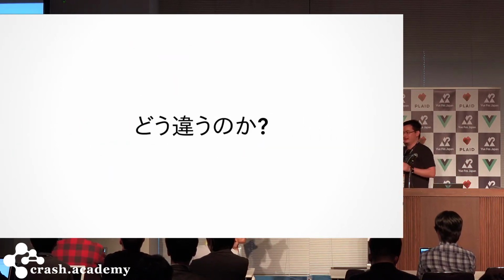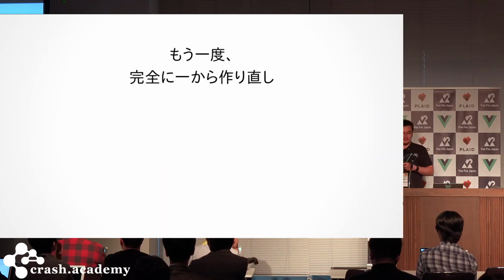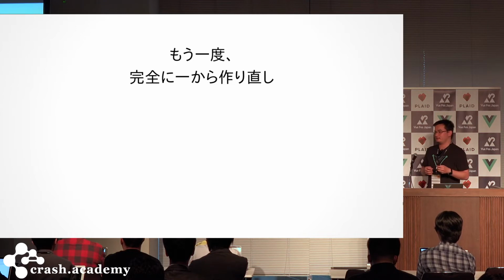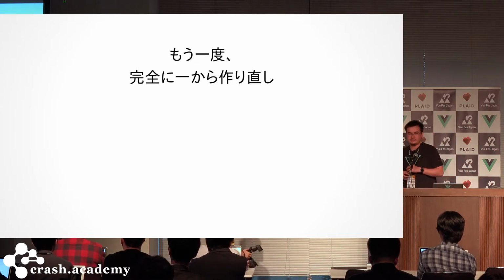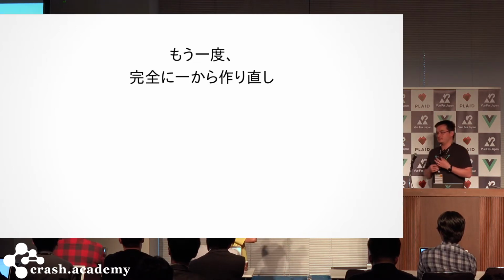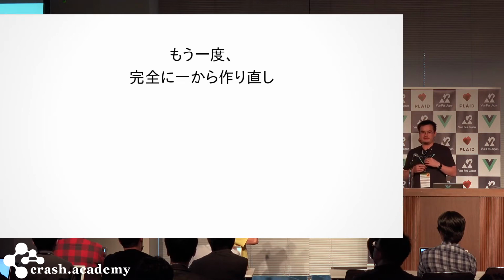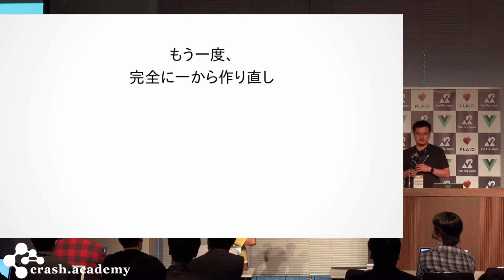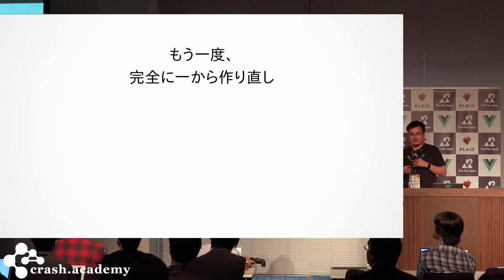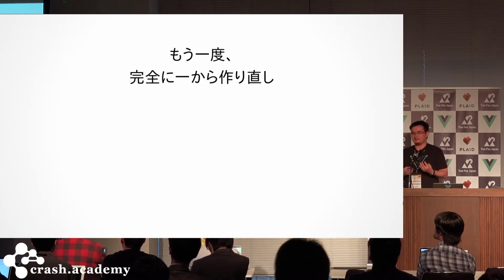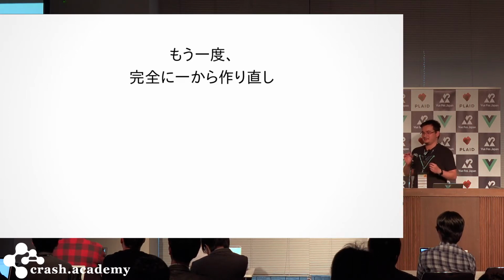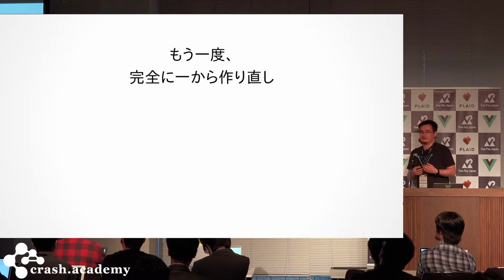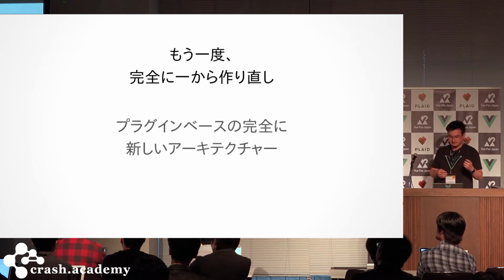How is it different? It's a complete rewrite. Evan You started working on Vue CLI 3 at the end of last year, and it took us more than 6 months until we finally released it in stable this year. It's a complete rewrite, which means we share zero code with the previous versions, and it's completely different.